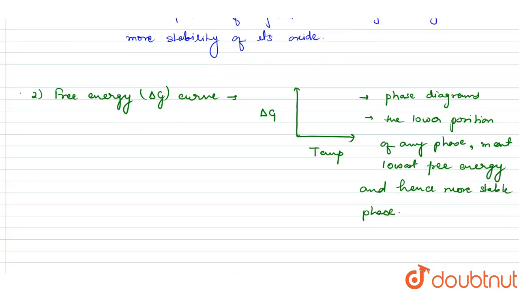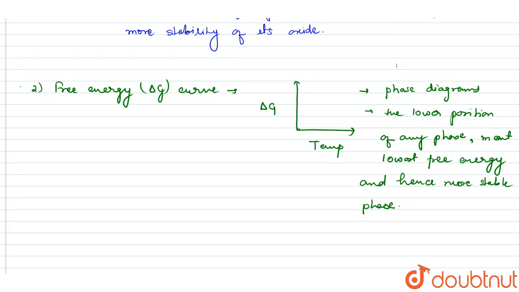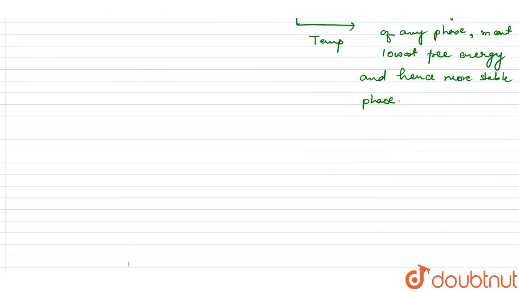So let us try to understand the use of entropy curve also. Entropy, that is represented as S. Entropy curve is a curve between change in entropy, that is delta S, and temperature, that is T. So what does this curve tell us?